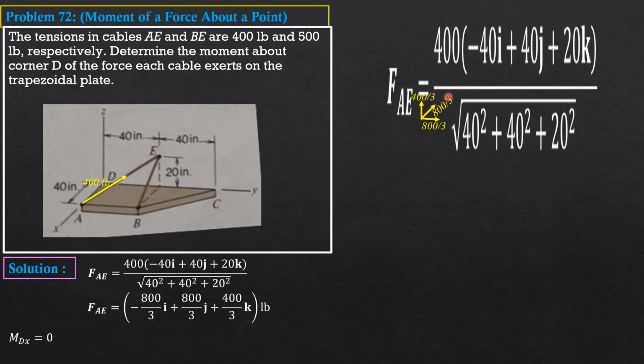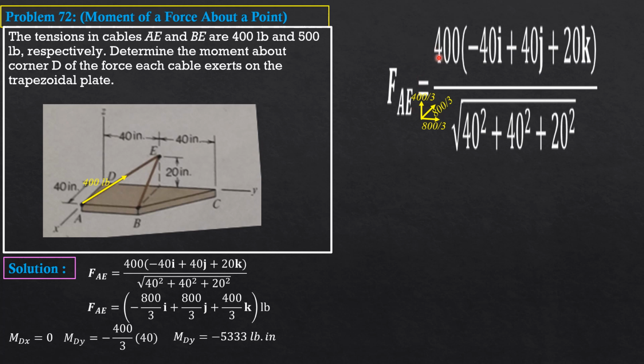This passes through, parallel to dy, so only 400/3 will have a moment about the dy axis, but the positive sense is in this direction, but the moment is in that direction. Therefore the moment about dy is negative 400 times 40, which in decimal is negative 5333 pound inch.